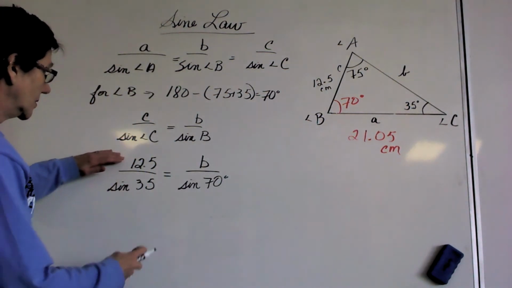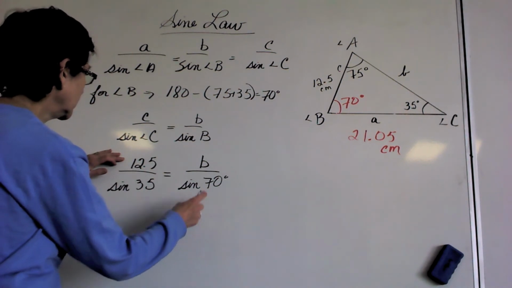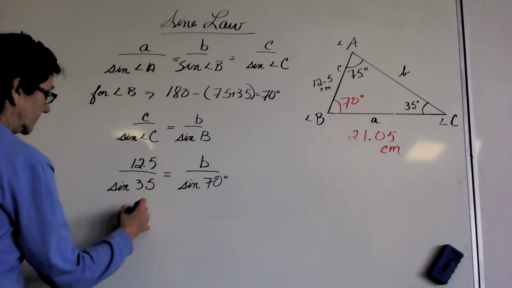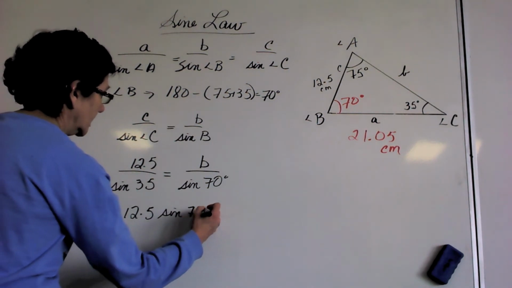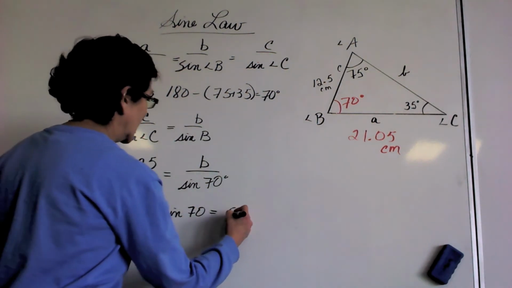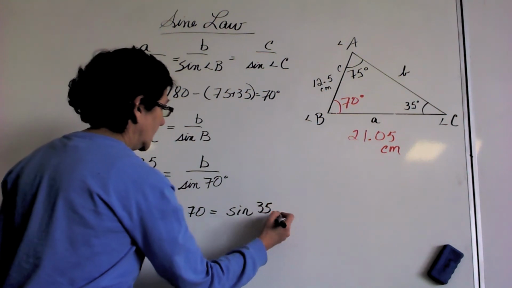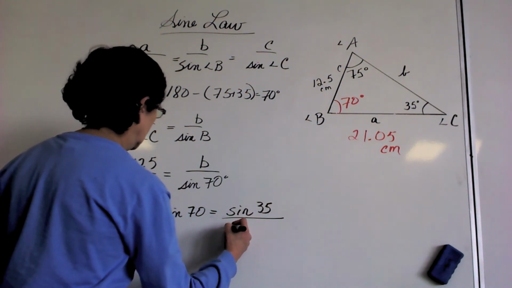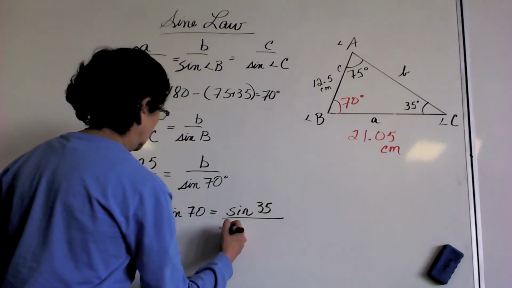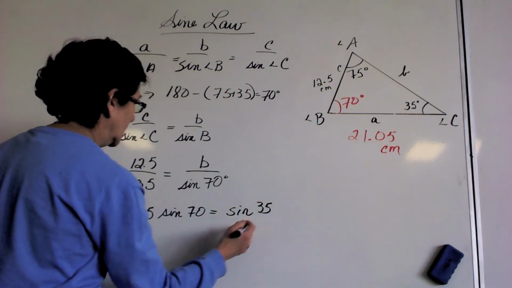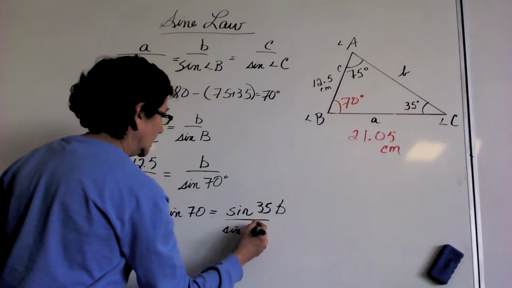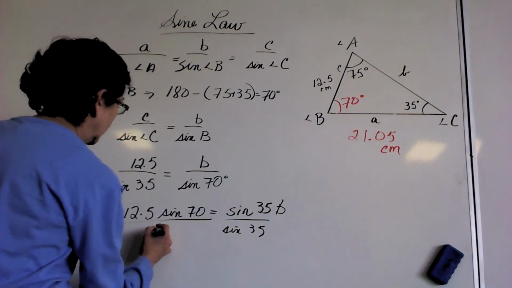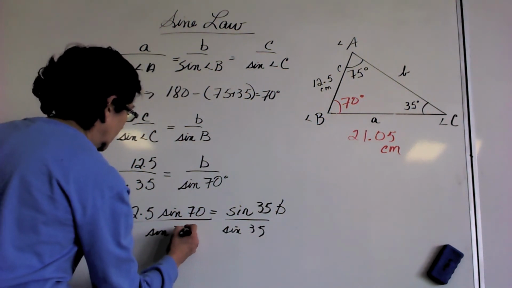All right, let's do a cross multiplication. 12.5 sine 70 equals sine 35 times B. Divide by sine 35, divide by sine 35.